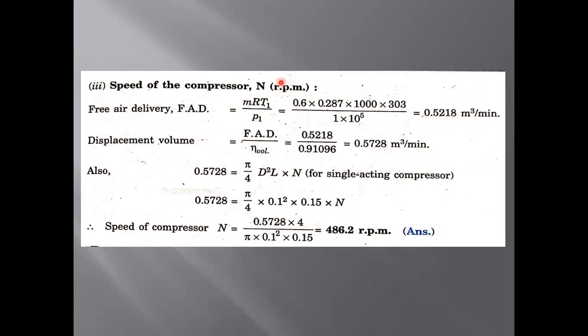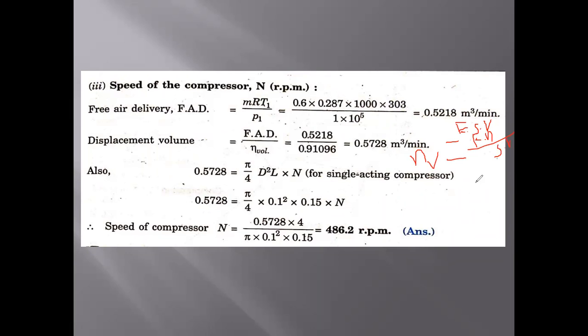And after that, we already know the volumetric efficiency. What is volumetric efficiency? It is nothing but the free air delivered, that means the effective swept volume, divided by the swept volume, right?